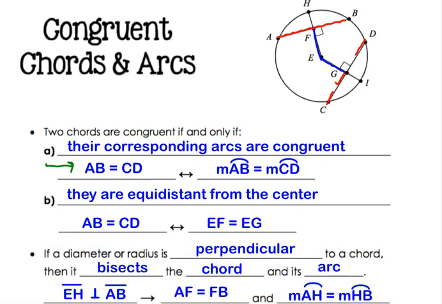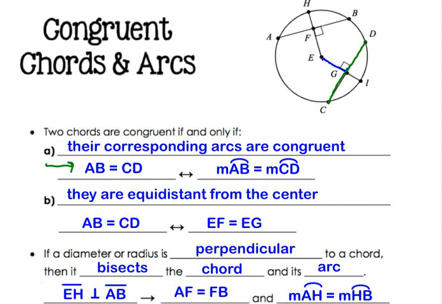And then our last little chunk here says, if a diameter or radius is perpendicular to a chord, then it bisects the chord and its arc. I know that all those symbols down there kind of confuse us, but what they're saying is if I know EG is perpendicular to my chord CD here, again, how would I know that?